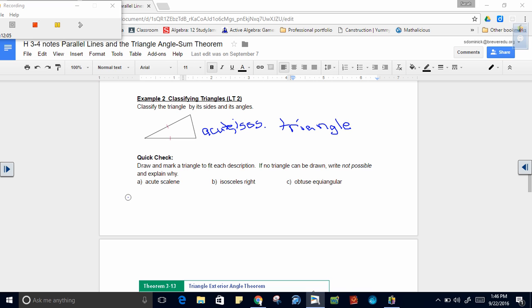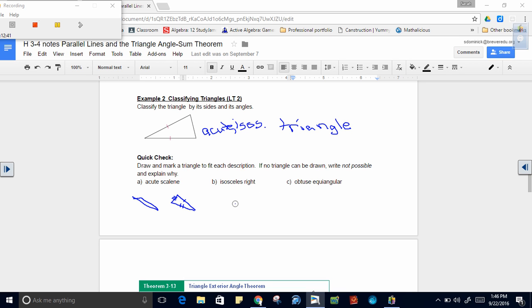So everything is acute. Well, it's an ugly picture. Let's see if I can draw a better one. You want little sides and kind of little angles, right? I want to say this one is different than this one, which is different than this one, and all of those angles should be different measures.